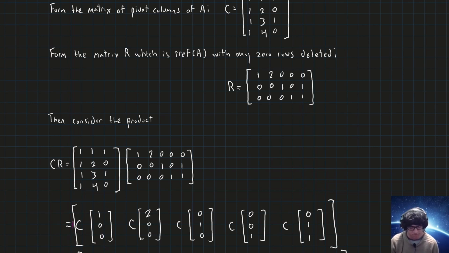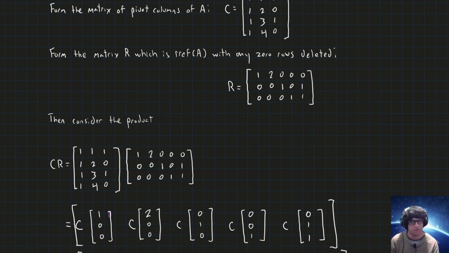So how to think about this? C is this matrix here. You can think of it as a menu, and what's on the menu is 3 columns. That's what C has to offer. And you can think of X here as an order.